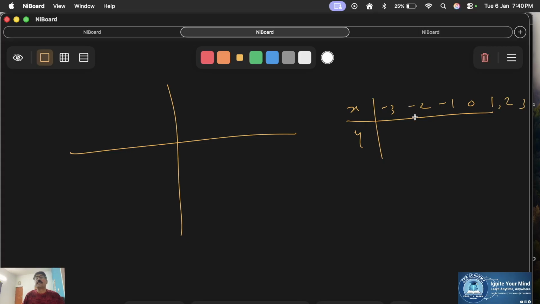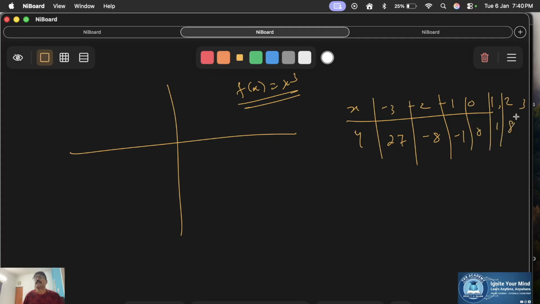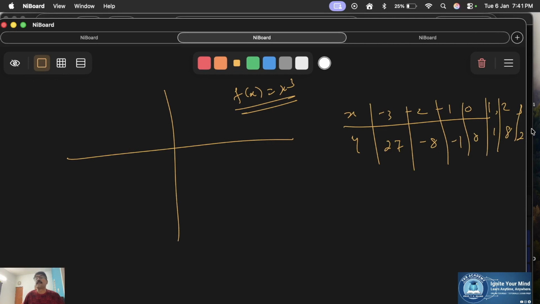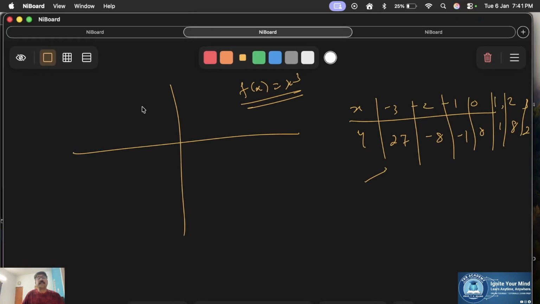Now (-3)³ is -27, (-2)³ is -8, (-1)³ is -1, 0³ is 0, 1³ is 1, 2³ is 8, 3³ is 27. So when you draw the graph of the function, it will be a curve like this.